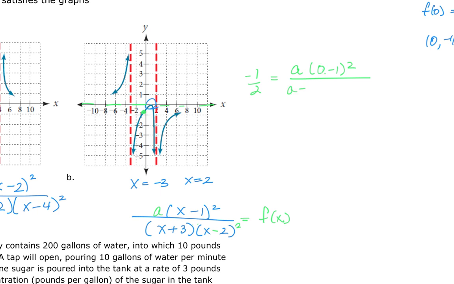Over 0 plus 3, 0 plus 3, 0 minus 2, the quantity squared. So I get negative 1/2 is equal to a in the numerator, because it's negative 1 squared, and 12 in the denominator. Solving for a, I get a is equal to negative 6. So I'm going to come back over here, and I'm going to put in negative 6. So this is my polynomial.